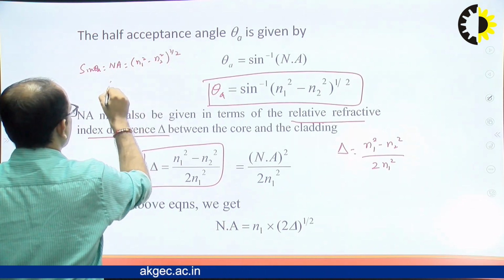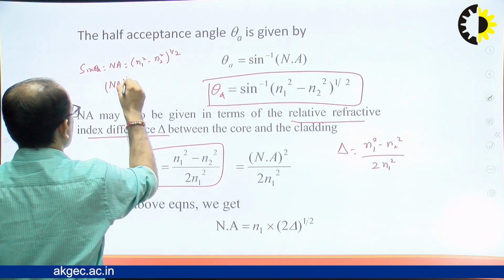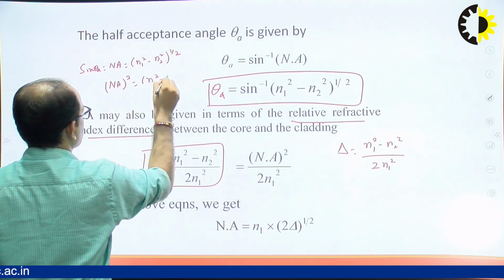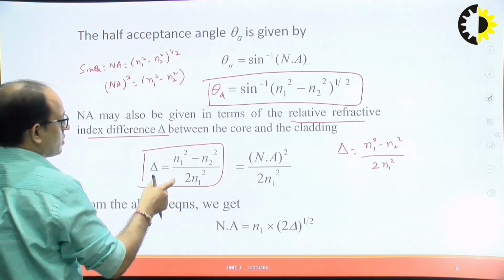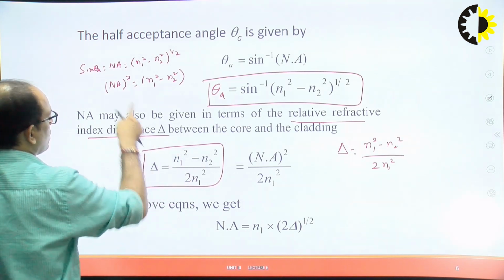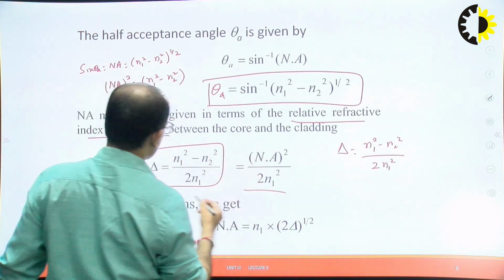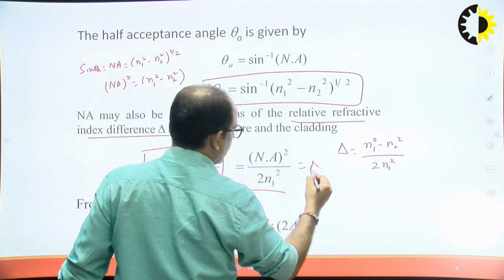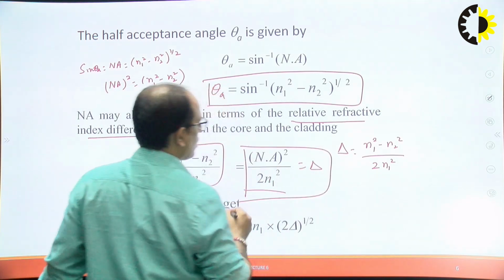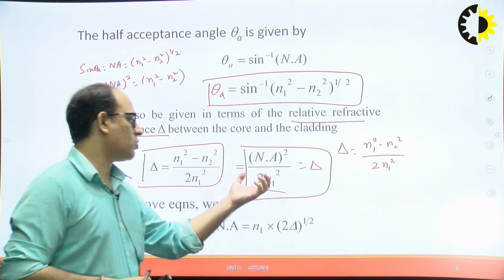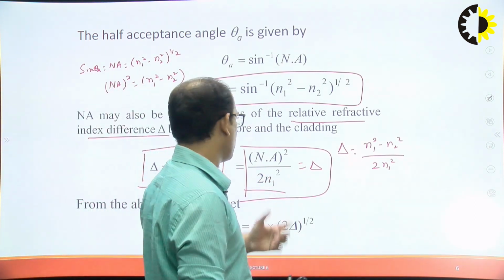So we'll see here that NA square, numerical aperture whole square, will be equal to n1 square minus n2 square. Just put this value here, so this relative refractive index can also be written as numerical aperture whole square divided by twice of n1 whole square.